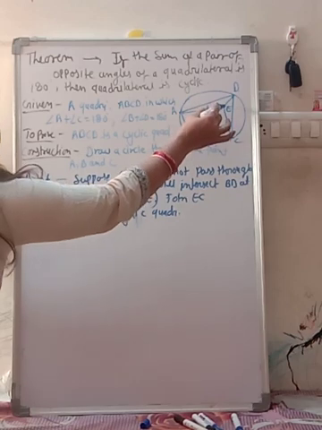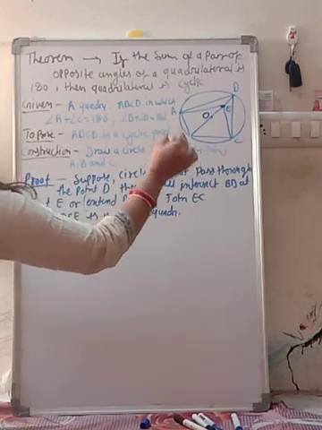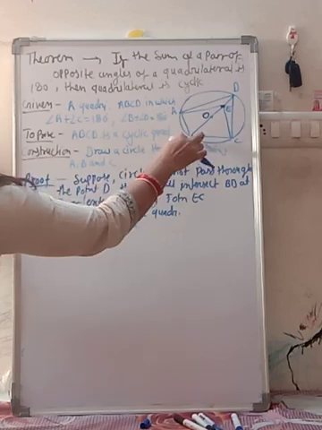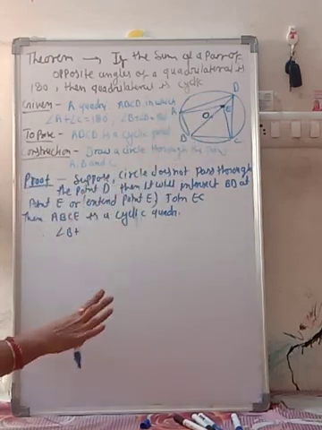So now join AE and EC, and make a new quadrilateral. ABCE is a cyclic quadrilateral.